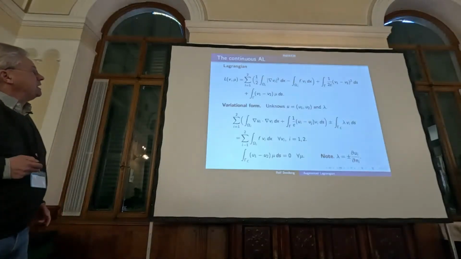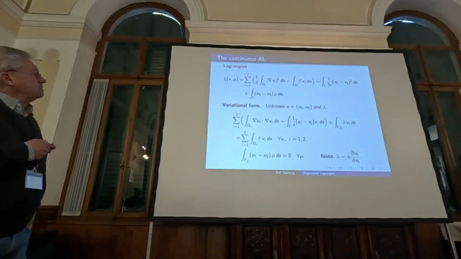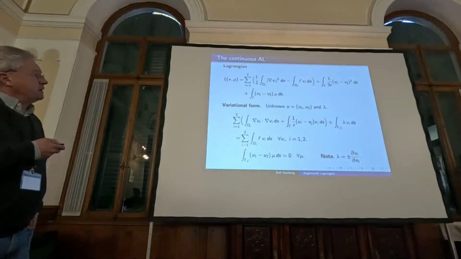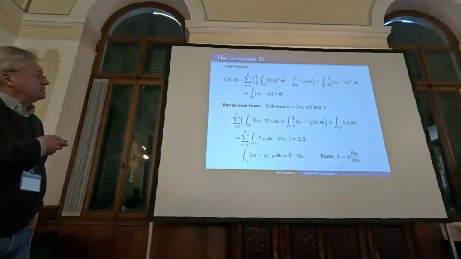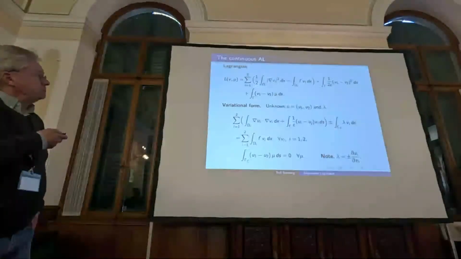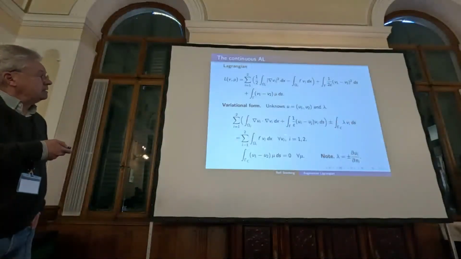So here is the continuous form. You have the Lagrangian, you have the penalty term, and then you have the jump condition weighted with a test function for the Lagrange multiplier, in a variational form.